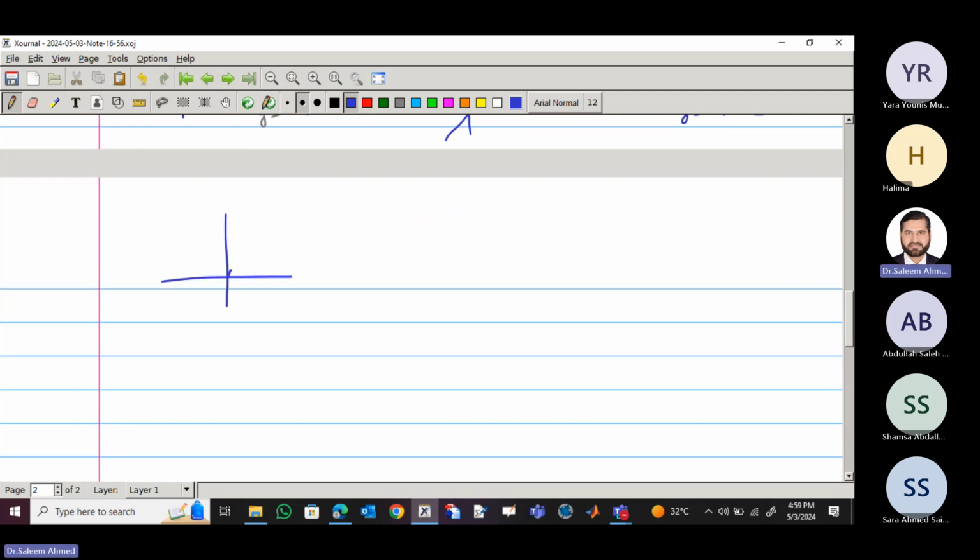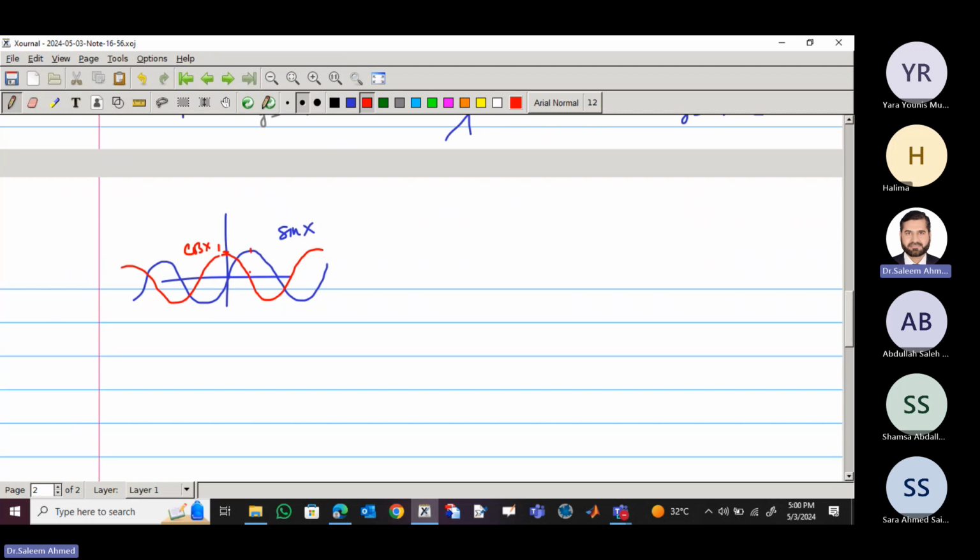Sin x starts from 0 and it goes like this. This is the graph of sin x. And cosine x starts from 1 and it goes like this. They have the same graph, but they start from 0 and 1. Sine starts from 0, cosine starts from 1.